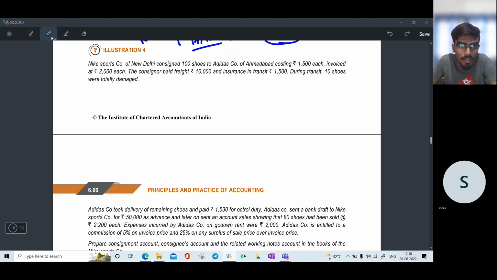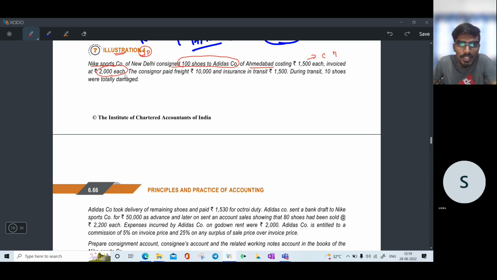Question 4 is the most important type of question. It is based on invoice price. Nick Sports and Co. of New Delhi consigned 100 goods to Adidas and Co. of Ahmedabad costing 1,500 each, which is the cost price.